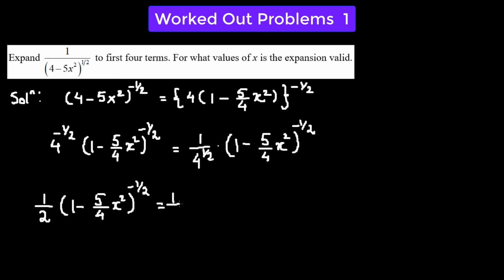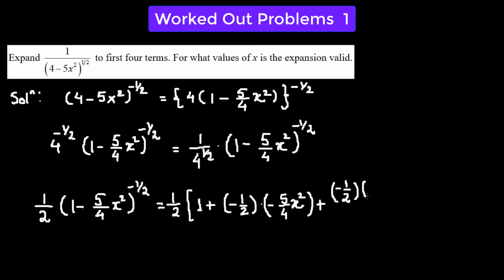So we have half times 1 plus n, which is -1/2, times x, where our x is -5/4 x squared. Plus the third term, which will be -1/2 times (-1/2 minus 1) divided by 2 factorial times (-5/4 x squared) whole squared.